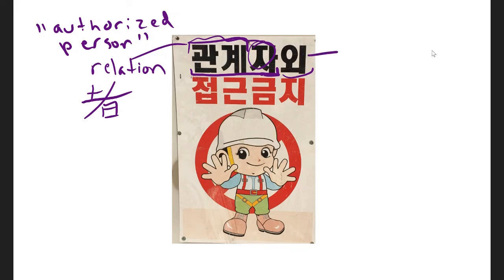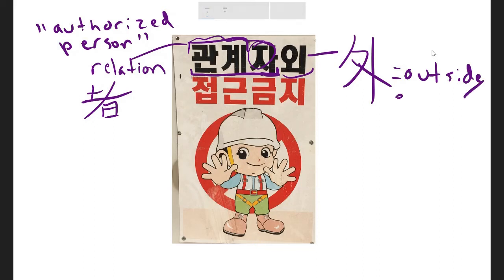Now, this hanja in this case is another very common hanja character that most Korean people would be able to recognize. Looks something like this, and that sort of means outside. I've actually mentioned this in a few of my previous sign videos, outside, and sometimes it would mean except, because really outside and except are almost the same thing.